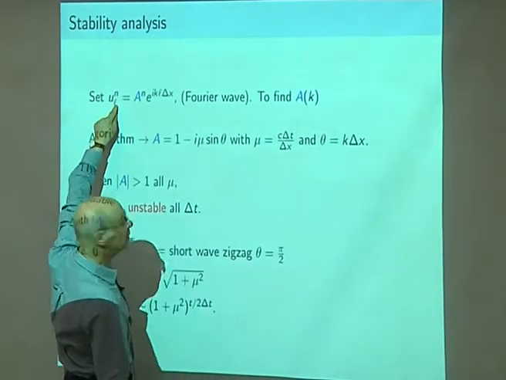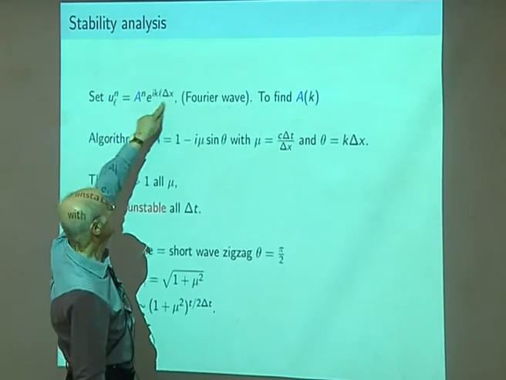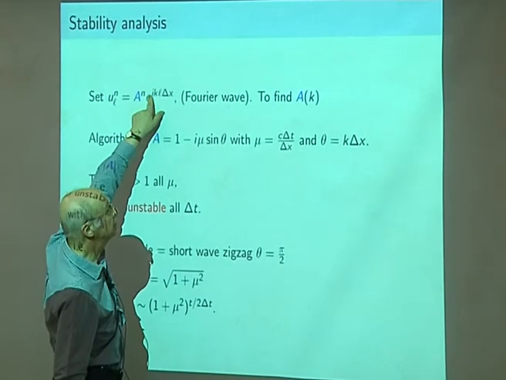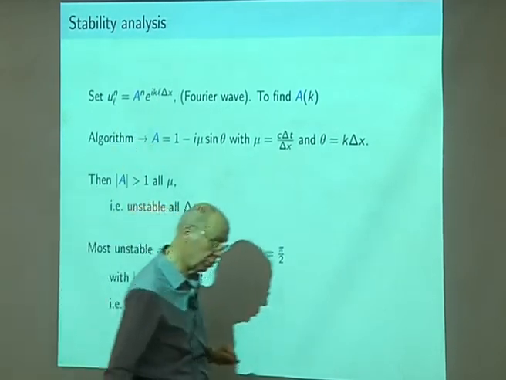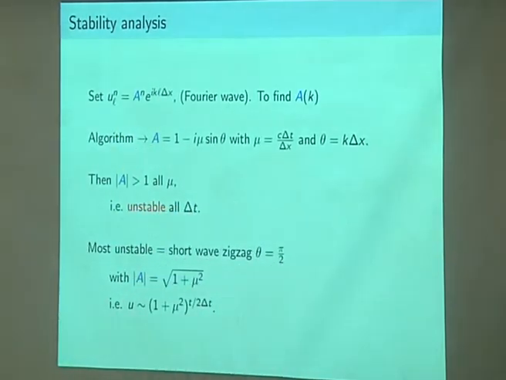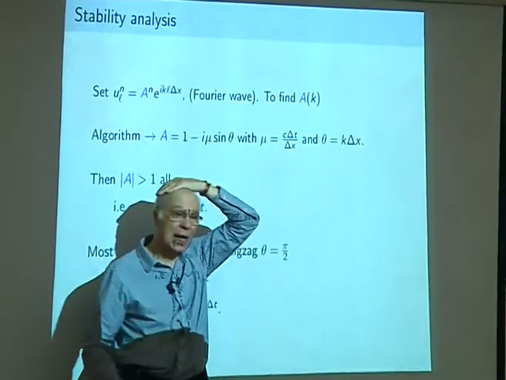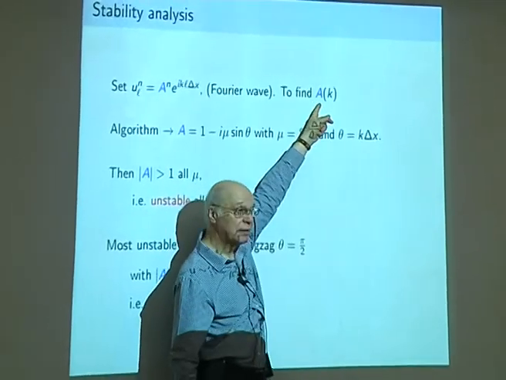You say that the space dependence, l, is e to the i k x, and then the amplitude at each time level advances by the same factor, a. So we start with a, then we have a squared, a cubed as we go from time 1, 2, 3. And when we put this Fourier wave into the algorithm, we try to find out how a depends on k, and it's stable if the size of a is less than 1.